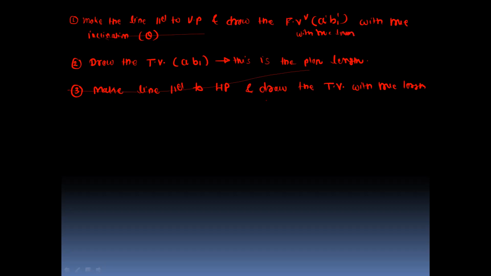This top view with the true length, when the line is parallel to HP, is called AB2, with true inclination with the vertical plane. So when you make the line parallel to HP, in the top view you can observe the true length and the inclination with the VP.